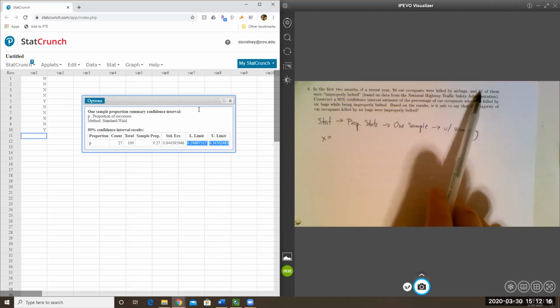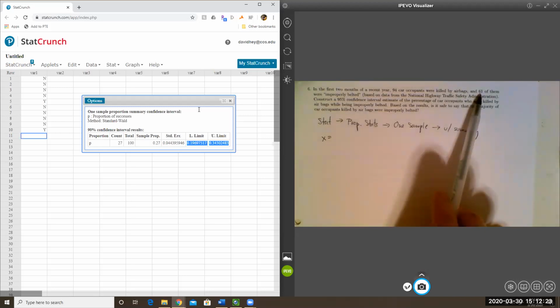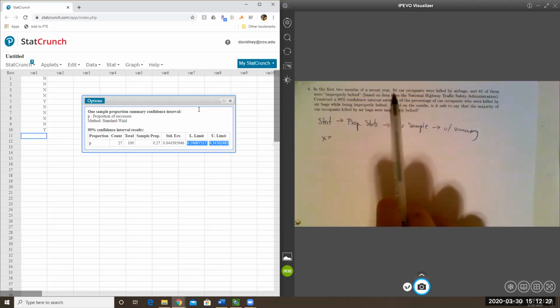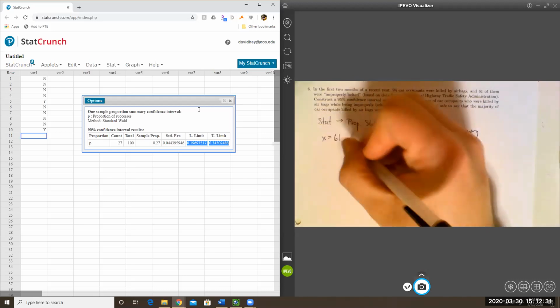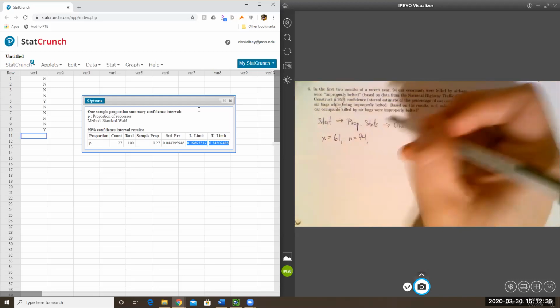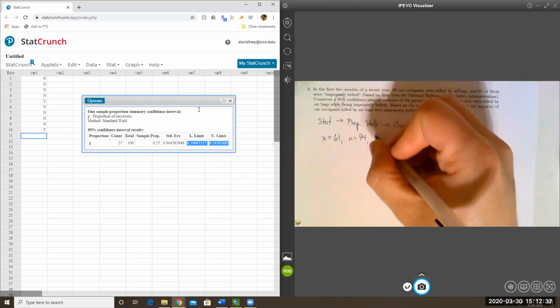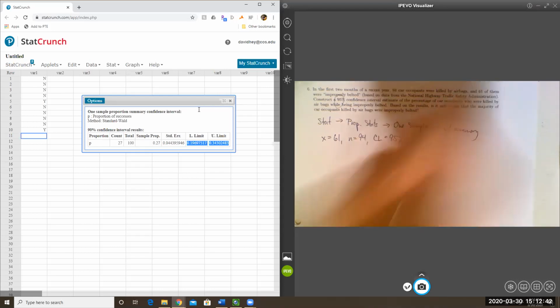We're trying to construct a confidence interval for the proportion of people who are improperly belted, right? So that's the characteristic we're interested in. So we had 61 successes out of 94 observations. So X is 61, N is 94. We want a 95% confidence interval. So confidence level, 95%. Let's see what we get.